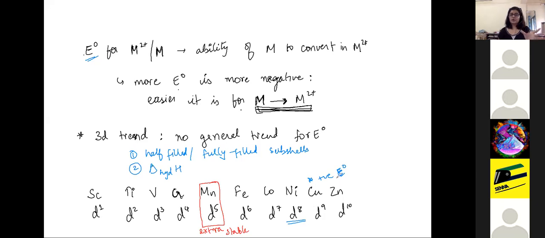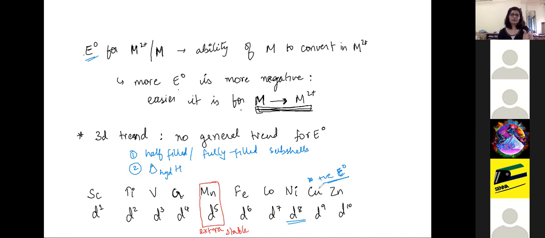It has a positive standard electrode potential, so it cannot displace hydrogen, and it reacts only with acids that have an oxidizing nature. The rest of the metals all have negative electrode potential, which is why they are able to displace hydrogen from acids, even from water.